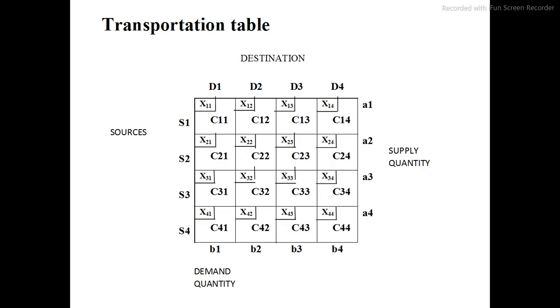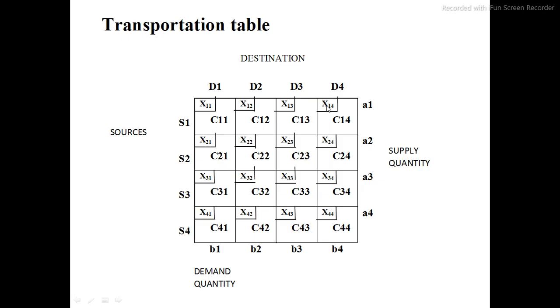Right, friends? At the same time, there is an allocation. You can see X11 here, these are called allocations. We have to make the allocation, and when we see the problem, I will tell you about that. Before that, what is this? X11, X12, X13, X14.